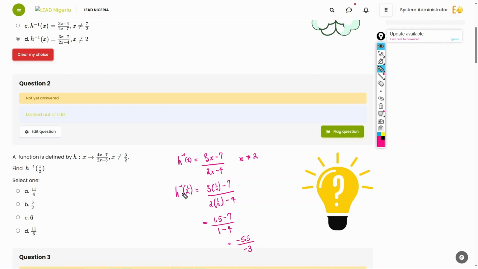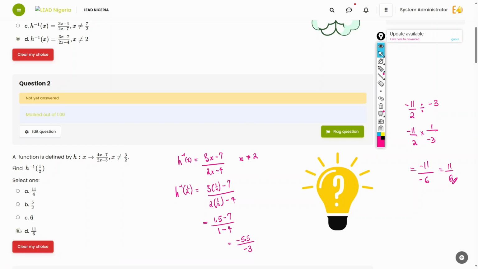Let me switch it to a fraction. 5.5 is 11 over 2, so that's negative 11 over 2, divided by minus 3. That is negative 11 over 2 times 1 over minus 3, which becomes negative 11 over negative 6, which is just 11 over 6. Okay, so the correct option for this one is D.